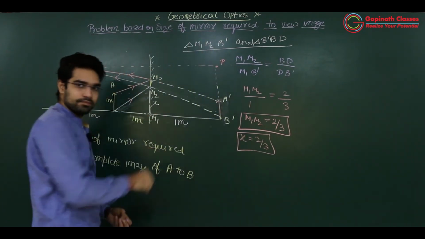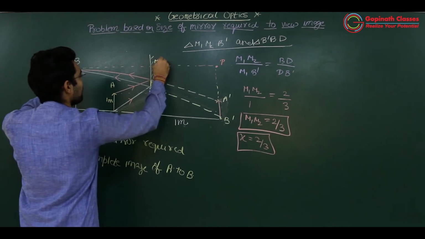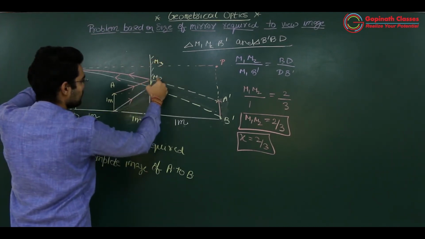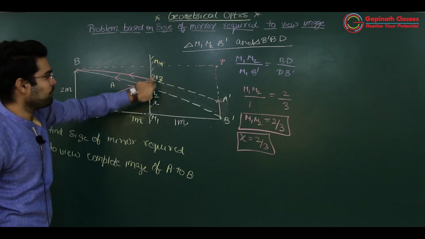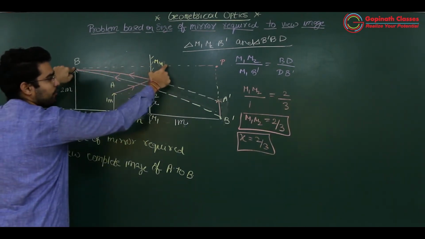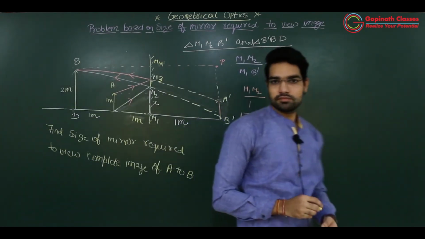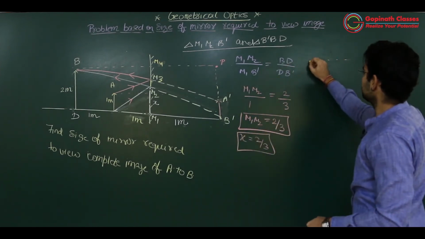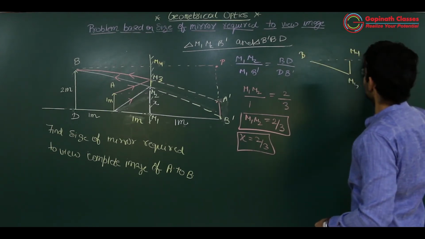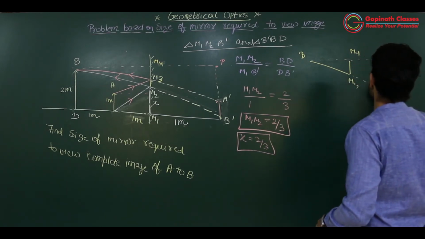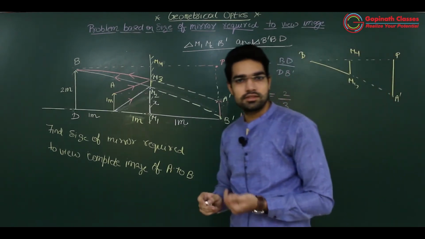In triangle B, M4, M3, and another triangle B, P, A dash, these two triangles are similar.